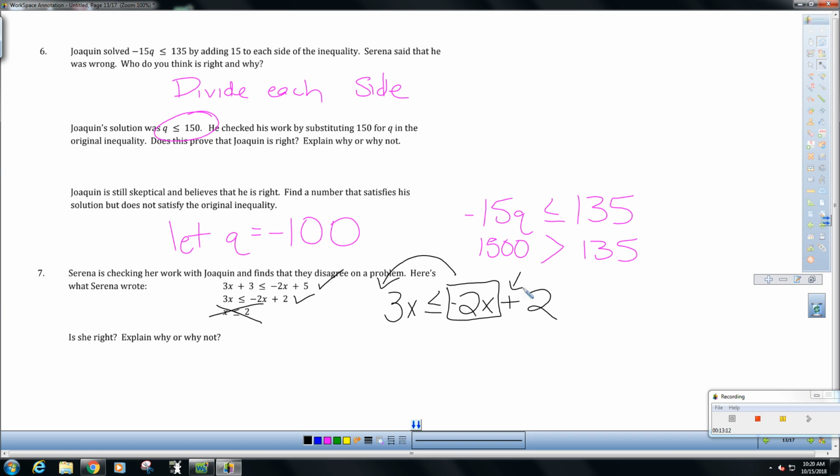But they're adding a negative. So how we get rid of adding a negative is we're just going to add 2x. The best way I can explain it to you is, what is negative 2x plus 2x? That is 0. That's what we wanted. And 0 plus 2 just gives us a 2. So we got to add 2x to this side. So you get 5x is less than 2.